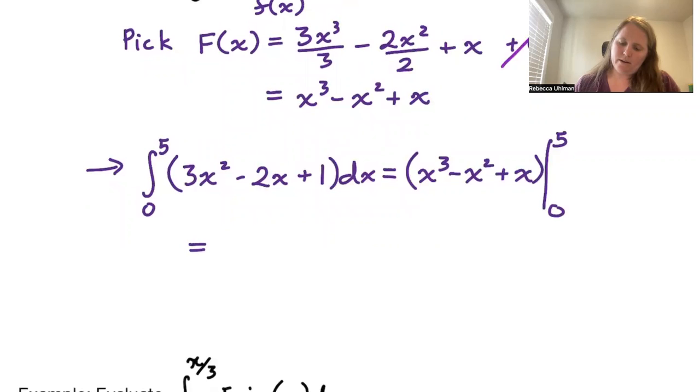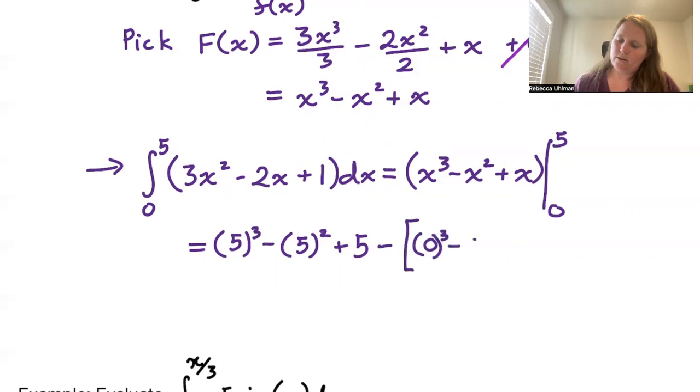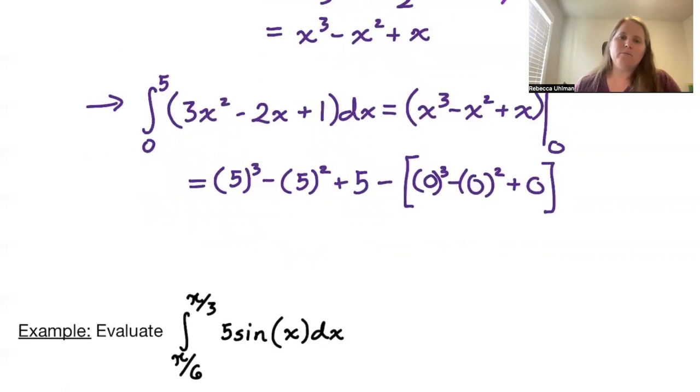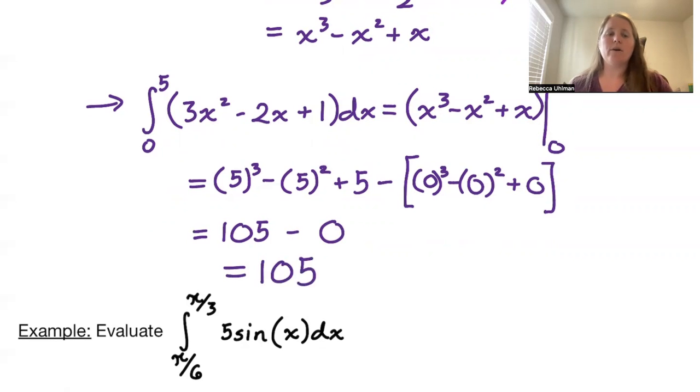So we are looking at 5 cubed minus 5 squared plus 5, and then we'll subtract off 0 cubed minus 0 squared plus 0. 5 cubed is 125 minus 5 squared, 25. We're looking at 100 plus 5 is 105. That remaining part just becomes minus 0. And so we get that our definite integral is equal to 105.